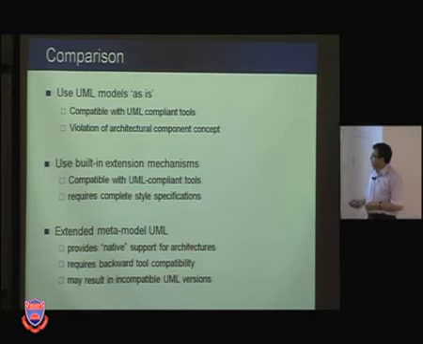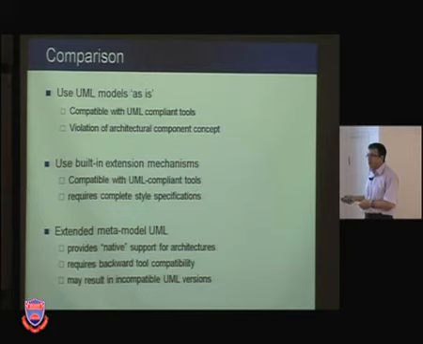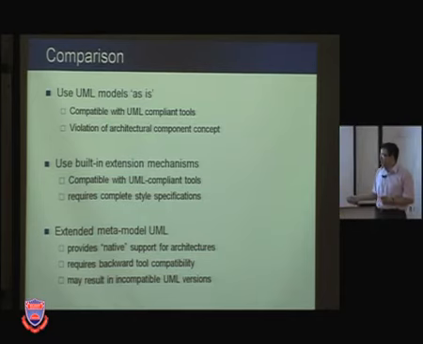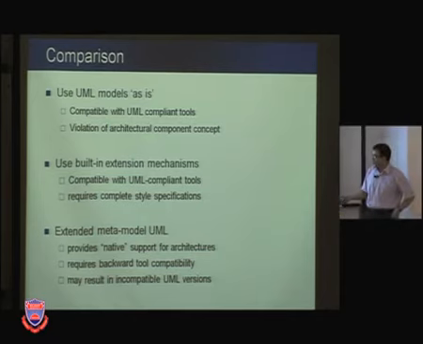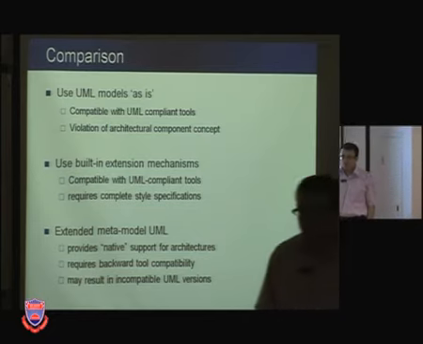The third approach, you extend the meta model of UML. An advantage could be you have completely dedicated native support for architectures, for components, elements, configurations, but it requires backward tool compatibility. It might result in confusion, which means incompatible UML versions.